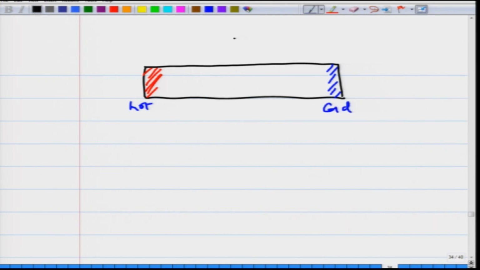You have your x, and there are n by 2 number of particles moving from the hot towards the cold end as they are crossing this point x, and similarly n by 2 number of particles moving from the cold end to the hot end, and that many particles are crossing the point x.